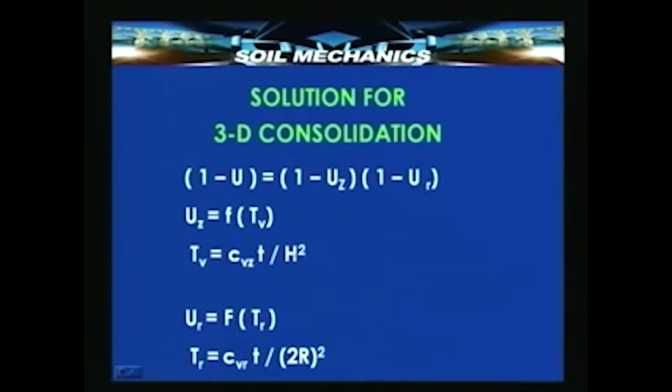In order to have similarity, the time factor for the vertical case and the time factor for the radial case are expressed by similar equations. The term 2R in the radial case corresponds to the term h, that is the drainage path. So, we can find out what the meaning of this radius capital R is once we come to the phenomenon of sand drains and their application to accelerate consolidation.